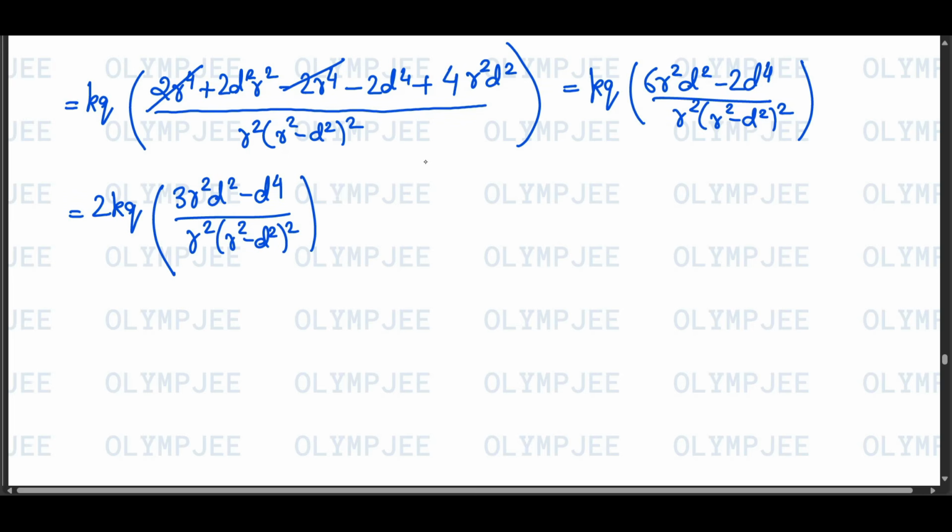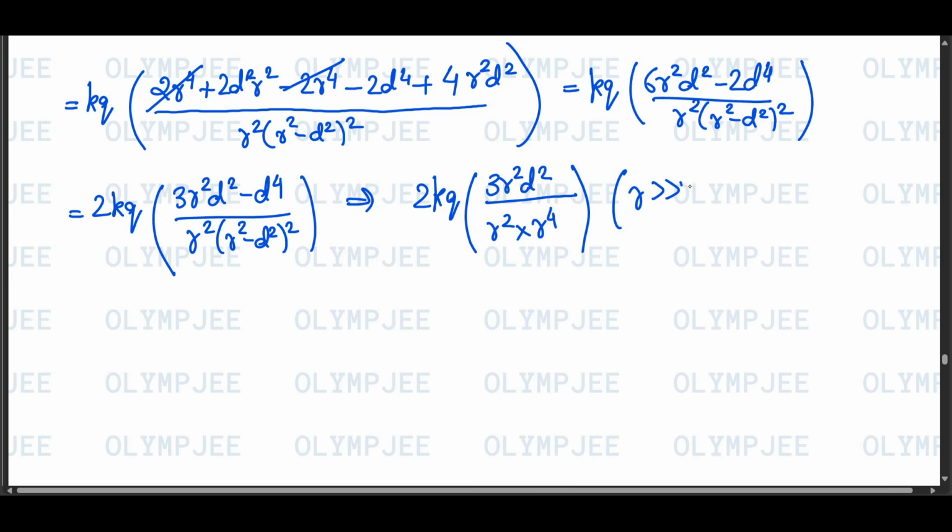So now we know that r is very big as compared to d. So this term can be cancelled out because this is very small, and this term can also be cancelled out because this is very small, so it can be given as, since r was very big compared to d.